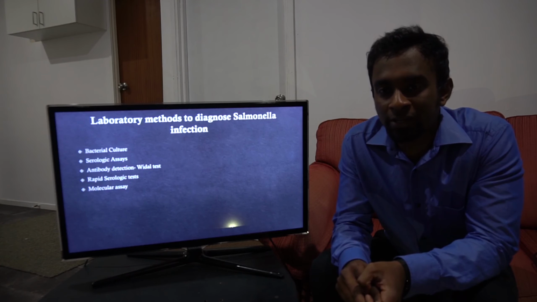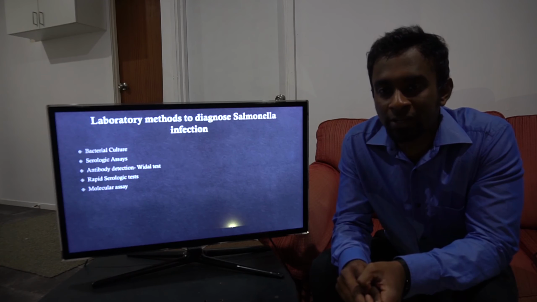Continuing with the diagnostic laboratory tests, here we are going to see the rapid serological test. In the rapid serological test, venous whole blood, serum or capillary samples are used for the detection of antibody against Salmonella, the antibody class detected being IgM. Molecular assays, PCR and real-time PCR, are another test.